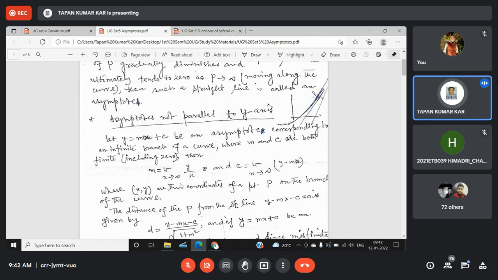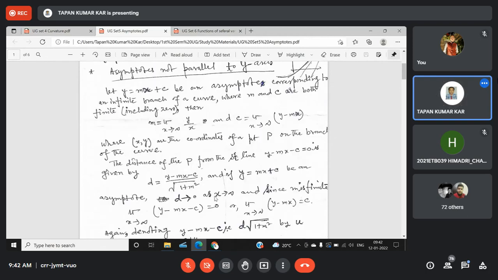The distance of the point P from the line y minus mx minus c equal to 0 is given by d equal to y minus mx minus c by root over 1 plus m square. And what is the definition of the asymptote?